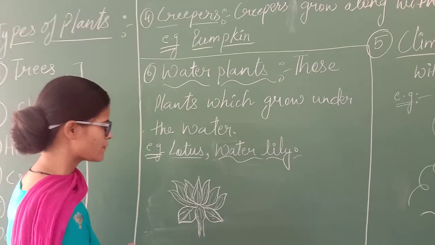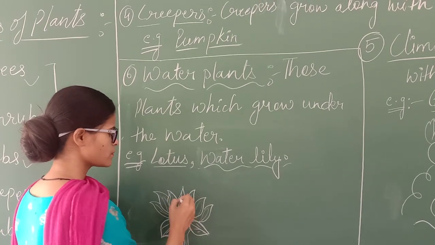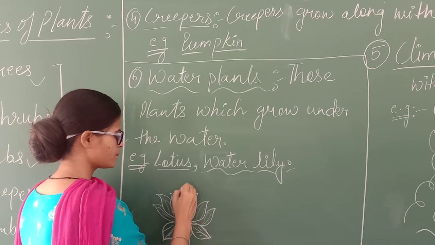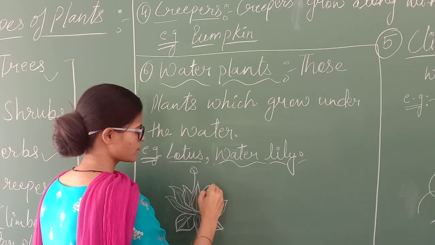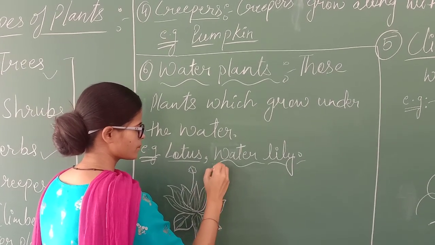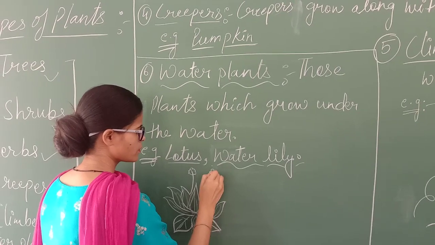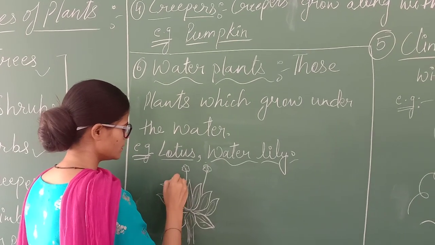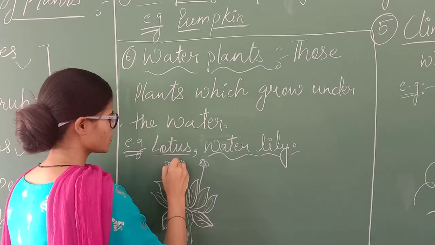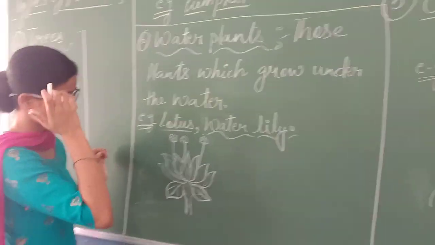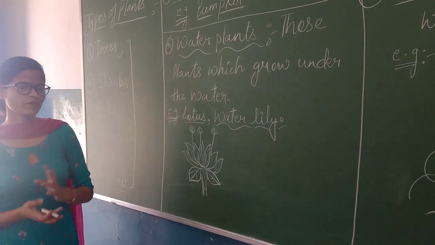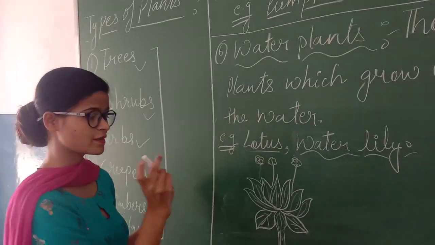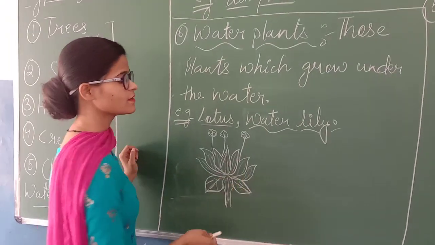Okay, what you have to do, you have to just like this, we have water lily. Okay, this is also grow under the water. Now in the same plant we have drawn two things, that is lotus and then water lily.